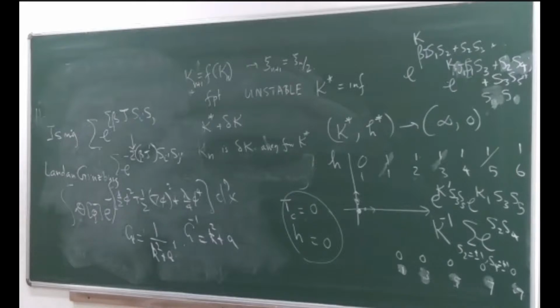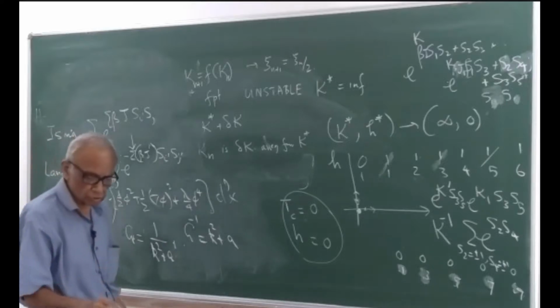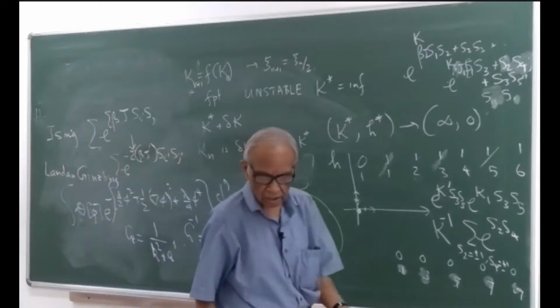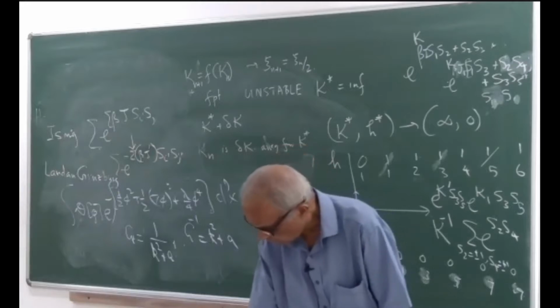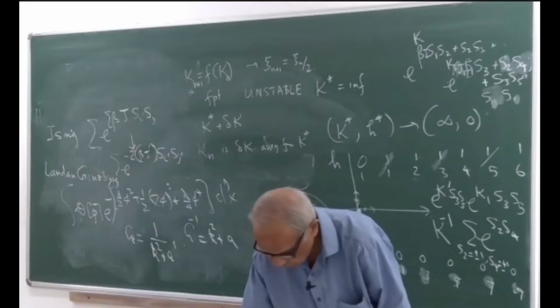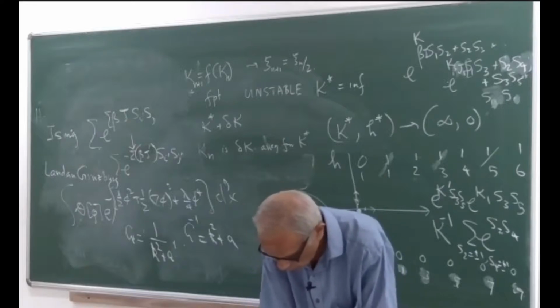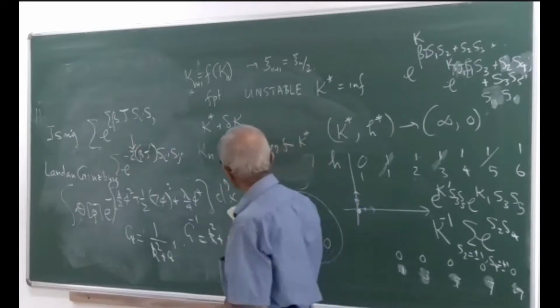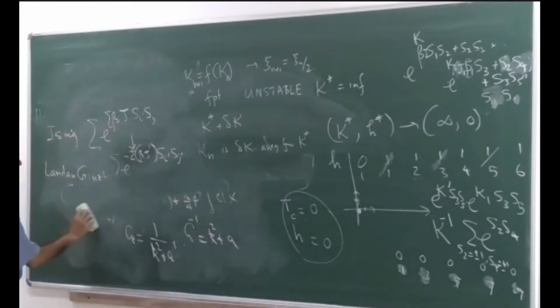So what we have essentially done so far is this: if I take a 1D Ising model, I get this language, which was not there in the pre-RG days.